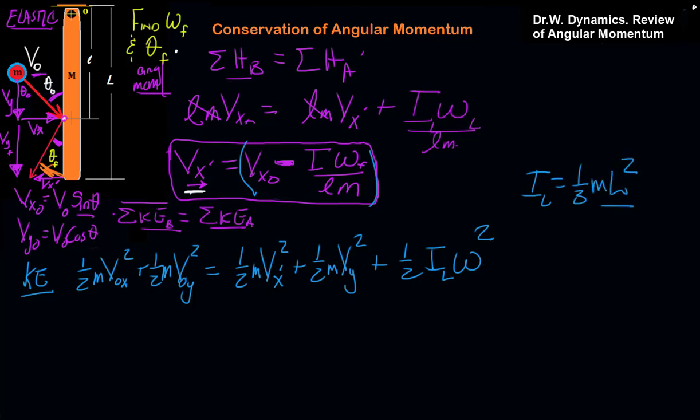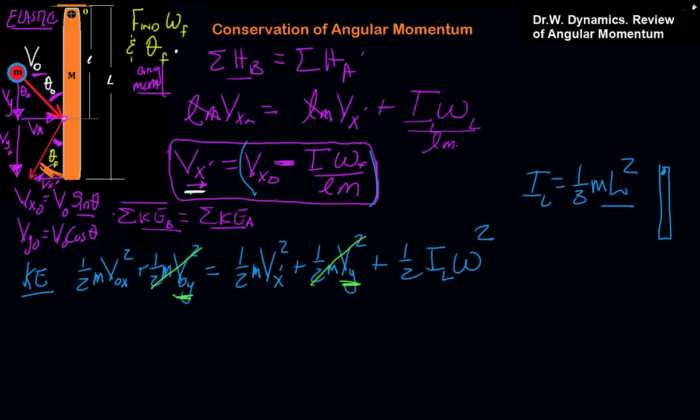In this case, it's a bar spun about its end. Here we know that V0y and Vy final are the same, so these two terms will subtract out. The y-axis isn't bringing any energy changes to the system.